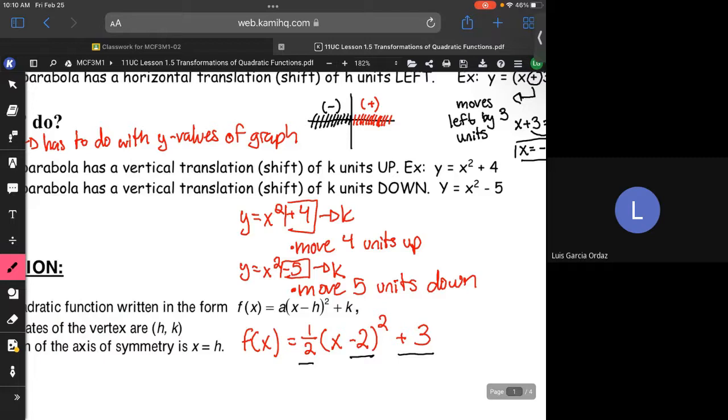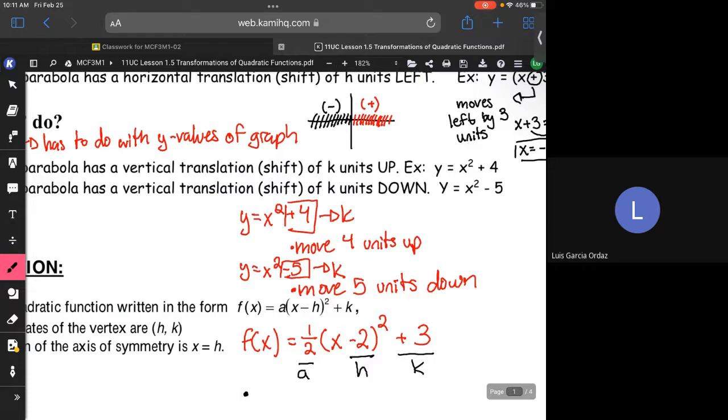Our a is 1/2. Our h is 2, and then k is 3. Now when we write these transformations, we start with our a. If you remember, if my a is a whole number bigger than 1, it's a stretch. But if it's a fraction that is not bigger than 1, then it's a compression.